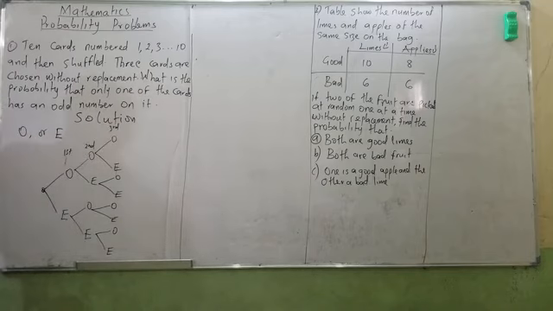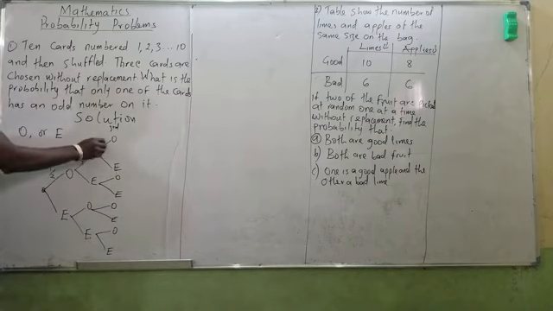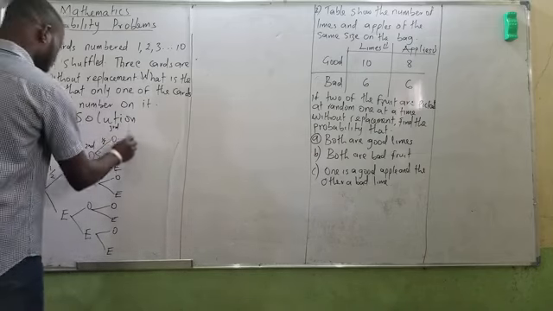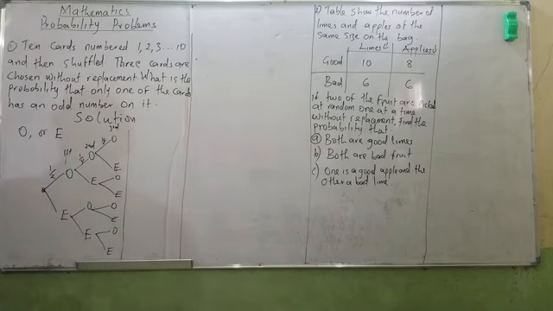The first one, we all know, is 1 over 2. This one will be 1 over 4, and then 1 over 8. I think I've explained that in the previous video. Don't forget, I've told you this will be 2 raised to power n, which is 2 raised to power 3, which is 8. That is why we have 8 here.